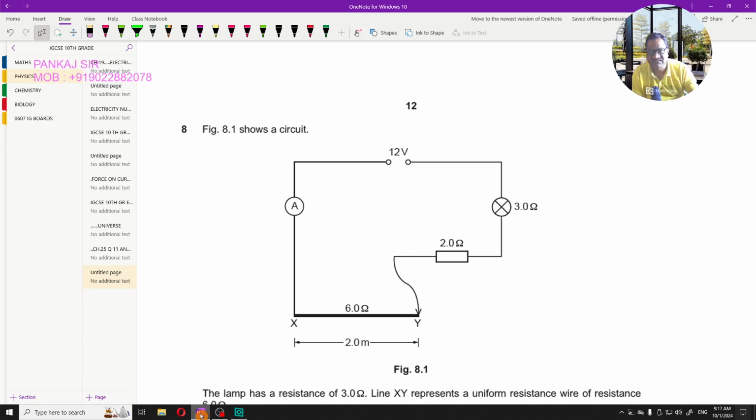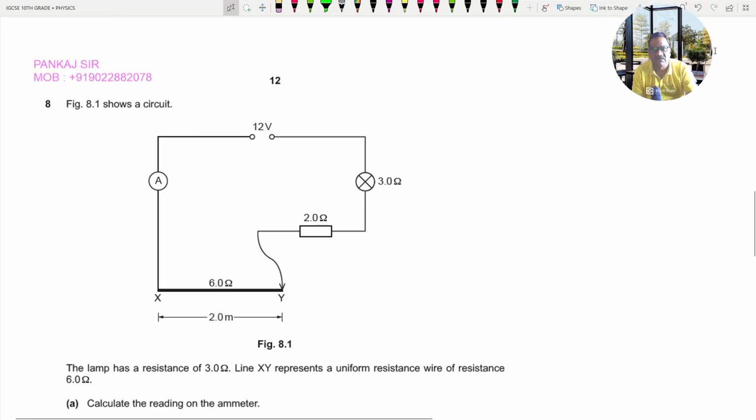In today's session, we are going to solve another question on electricity for IGCSE Physics 10th grade.